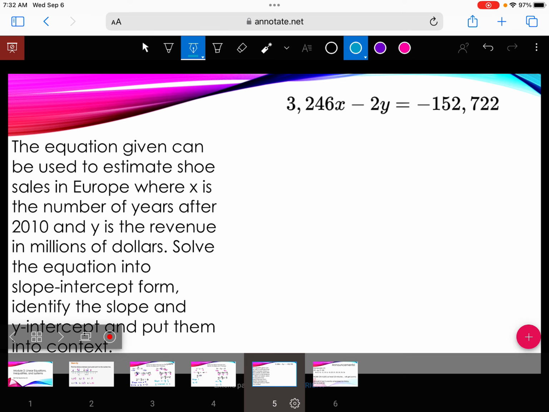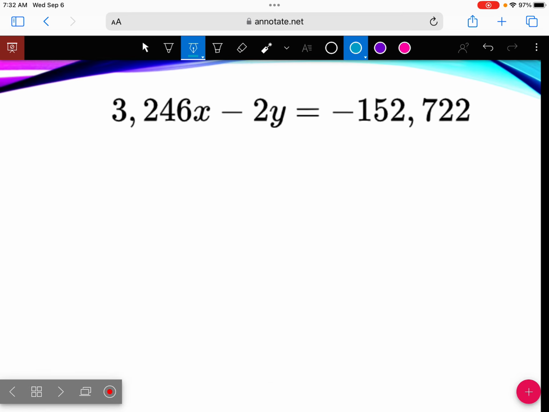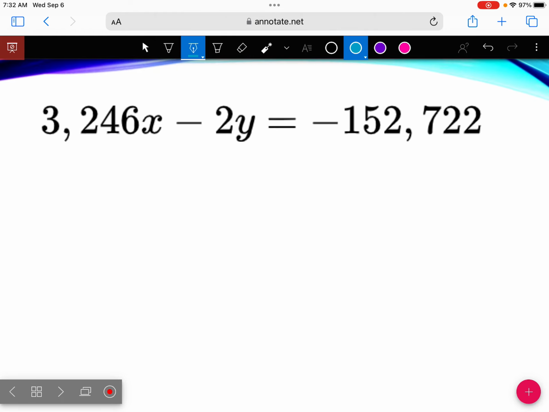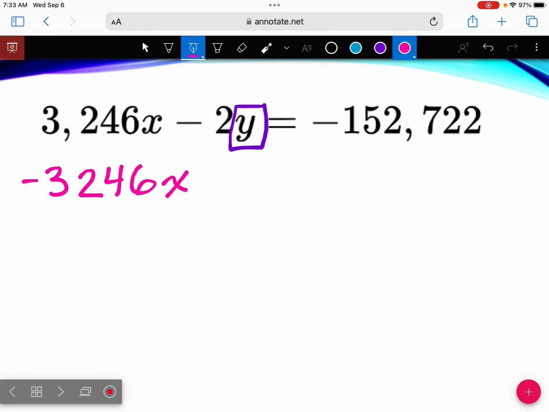So it's longer, but it's not any different. We're going to put this into slope-intercept form. What do we need to do to get the y by himself? So we're going to minus 3,246x from both sides.